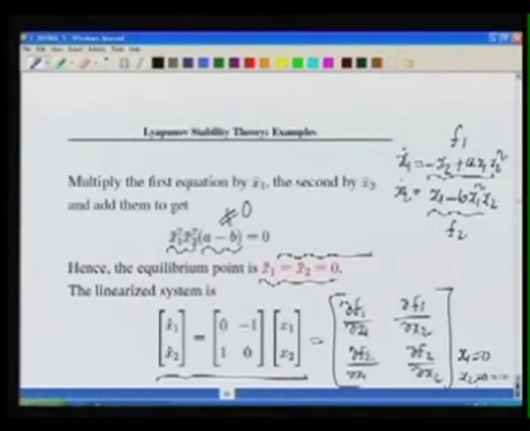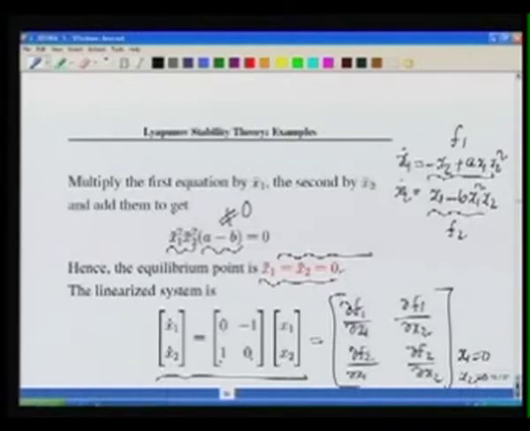If you differentiate f 2 with respect to x 1, the first element is 1, the second element is 2 x 1 x 2 into minus b, and by putting x 1 equal to 0, x 2 equal to 0, this second term becomes 0. So, 1 is retained, and you can verify also del f 2 by del x 2, which is minus b x 1 square, at x 1 equal to 0 becomes 0. Hope that is very clear to you how to linearize a nonlinear system around an equilibrium point.